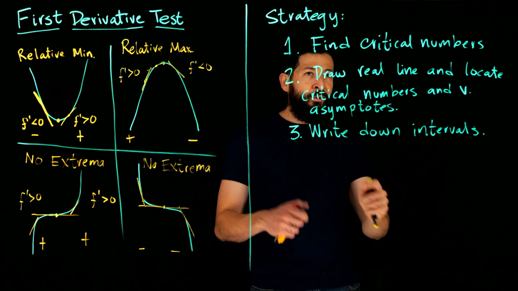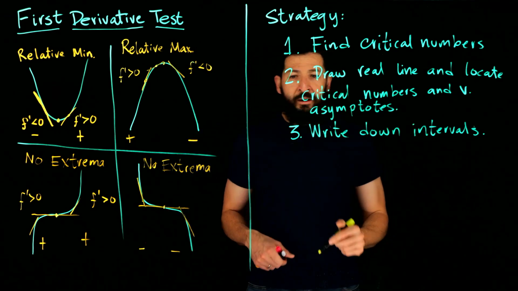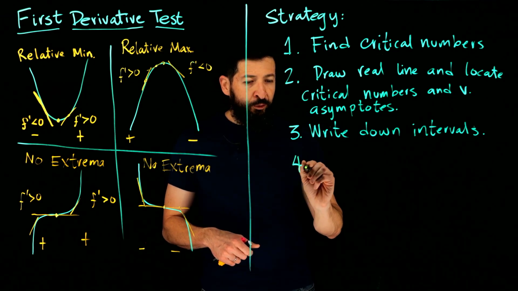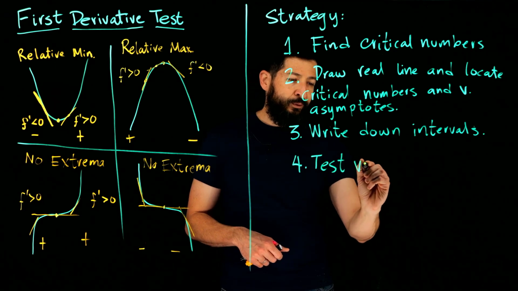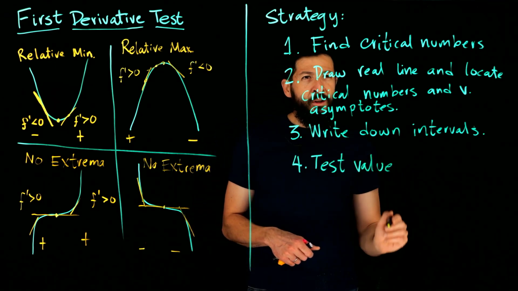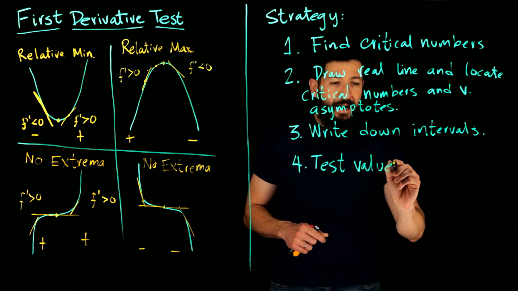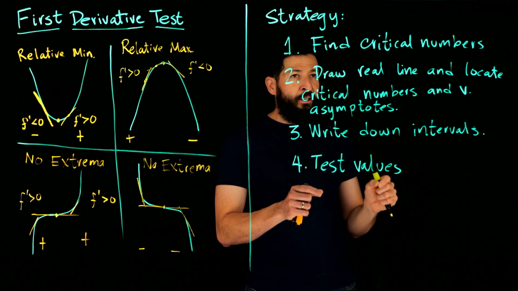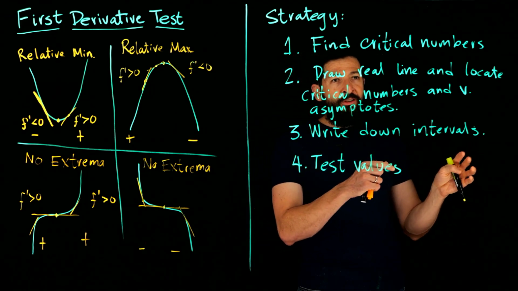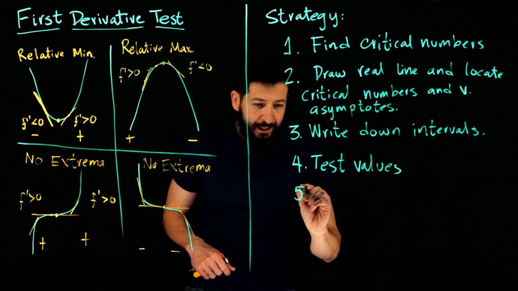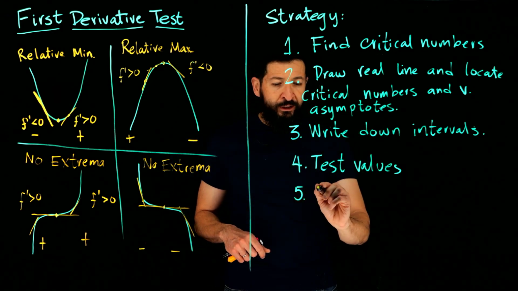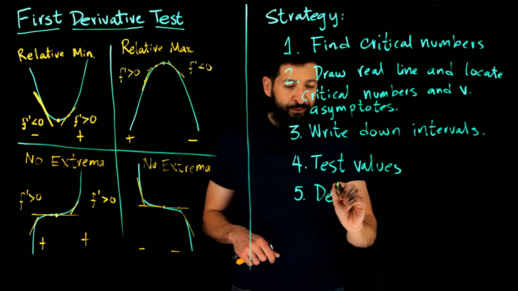So you mark all those points and then you find the intervals between them. All right, so 4, you're going to grab a test value for each one of those intervals. For the test values, you want those to be inside of the intervals. You don't want them on the endpoints. You want them inside. Now 5, you're going to determine the sign of the derivative.